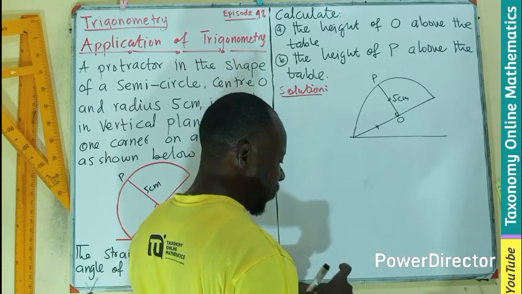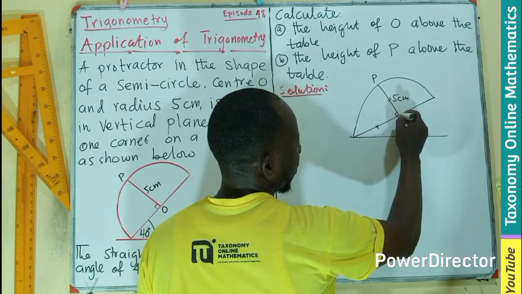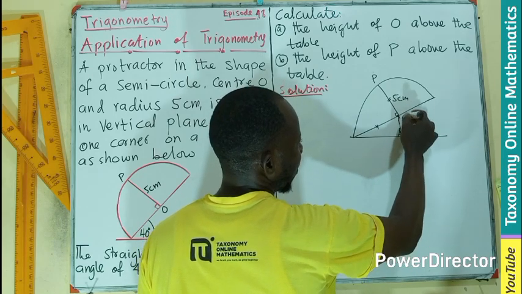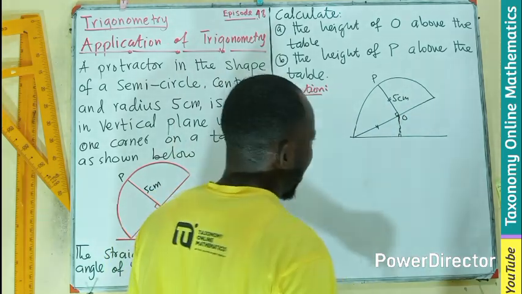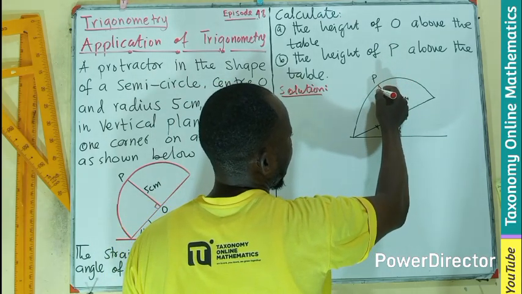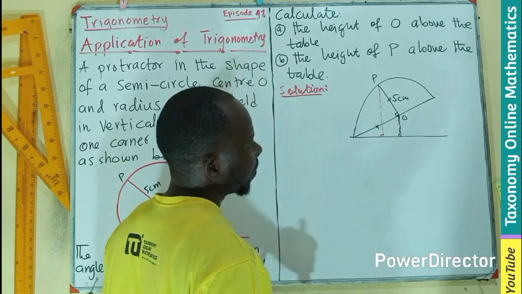Then we are looking for, okay, let me use this one. From here, we make an angle of 90. We are also looking for here. We will also make an angle of 90.